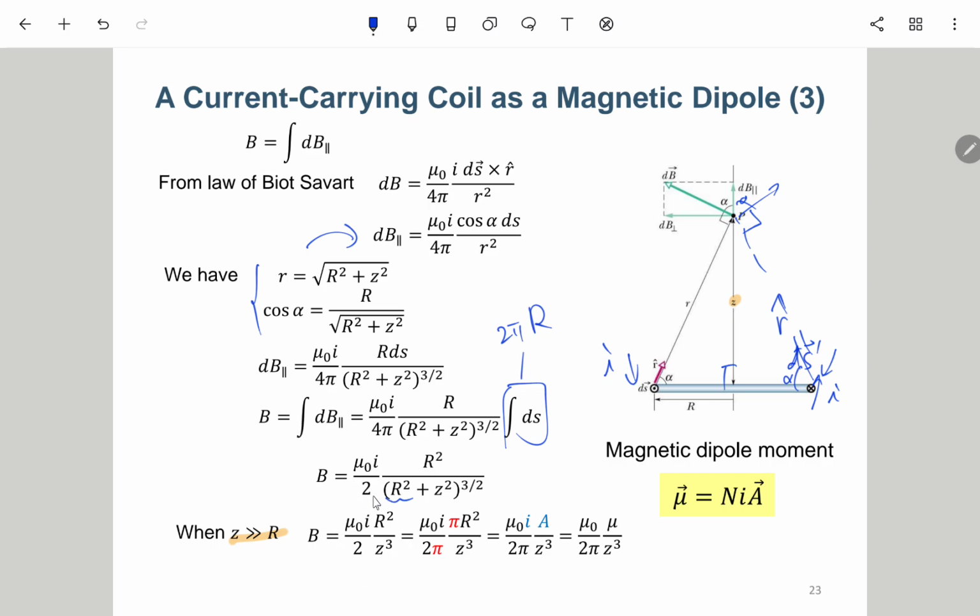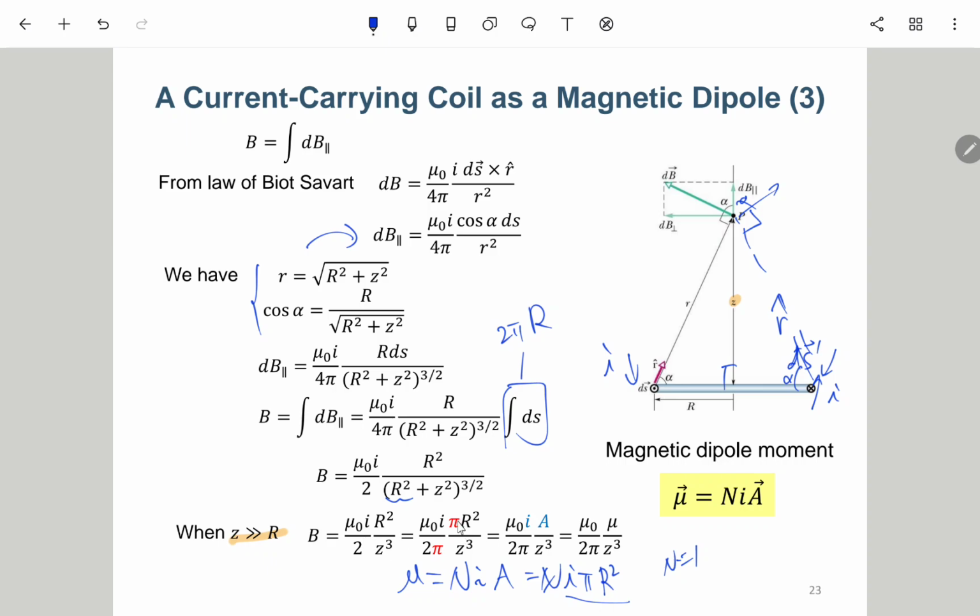So here we try to construct the magnetic dipole moment back. If you still remember, the magnetic dipole moment mu will be N I A. For the A here is a circle, so N I pi R squared. Here we only have N equals 1, but N can be any variable, so we just ignore this N at this moment, and then I pi R squared will be the mu.